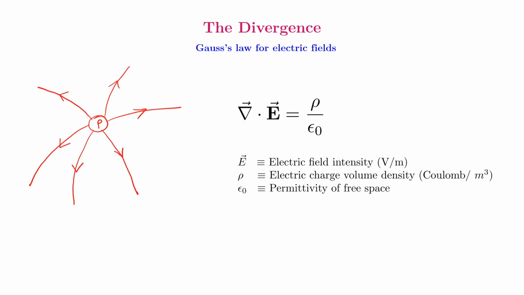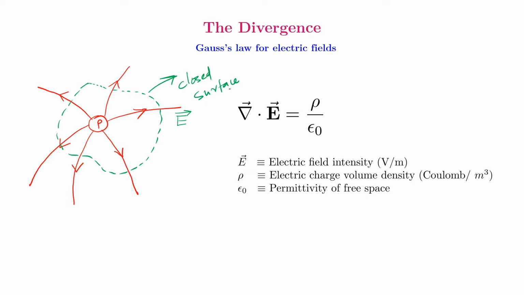As an illustrative example, let's consider Gauss's law in electrostatics. Let's assume that we have a charge distribution ρ in space. It can be positive or negative. This charge distribution produces an electric field E. Let's now assume a closed surface enclosing the charge distribution ρ.